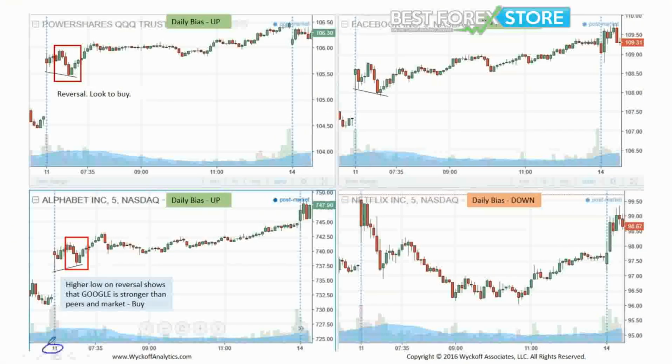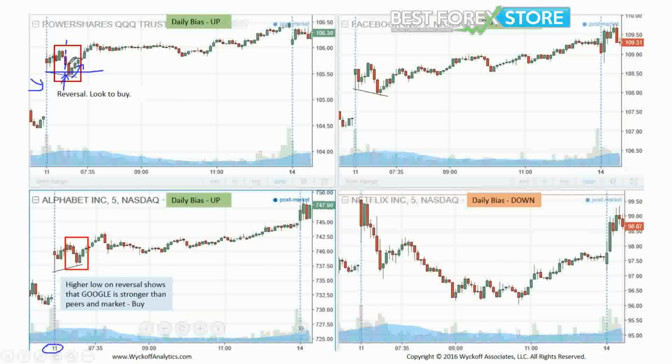So this is the 11th. The market opens up with a gap, and we have the first initial move. Here's your first 30 minutes. We see a commitment to the downside and an instant reversal back.